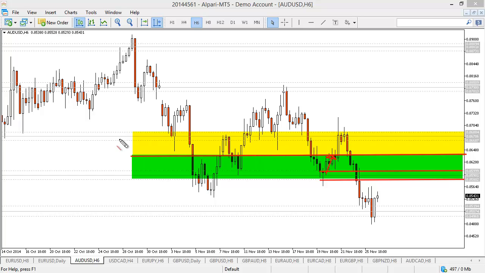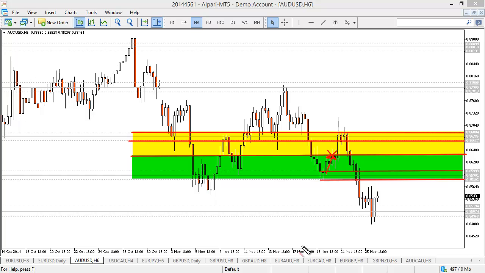The closer it approaches the resistance area full of sellers, the stronger the sellers get. So when it starts to hit about halfway, you'll find a lot of the times that price starts to stall a little bit, because buyers are getting weaker, sellers are getting stronger. It doesn't usually stop and turn around at this point, but it does start to stall, and sometimes it can stop and turn around. So that's why I tend to take out my first target roughly here.